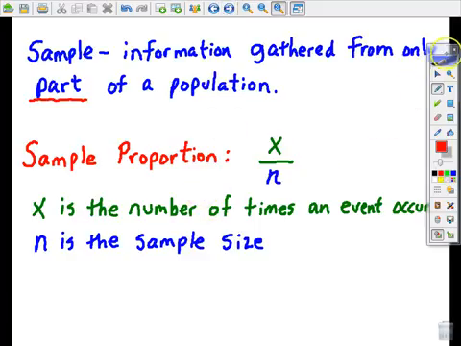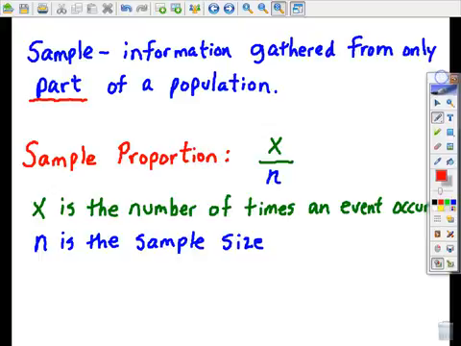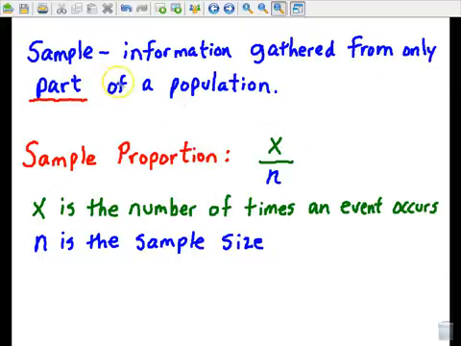Here are a couple of definitions I want you to have in your notes. What is a sample? The technical definition, from what I described on the previous slide, is information that's gathered from only part of the population. Remember, in most cases, these polls would be asking a question of a lot of people.